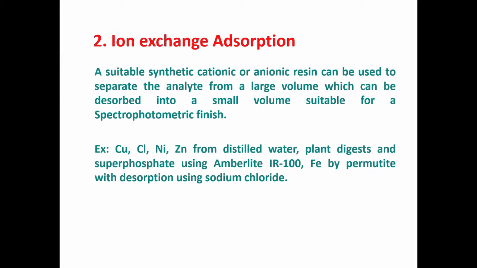Then add a little bit of sodium chloride, sodium will replace iron, and iron will come back in a pure form for you to analyze, separated from the other matrix elements. So, ion exchange adsorption is again a special technique, very useful as an addendum for spectrophotometric finish.